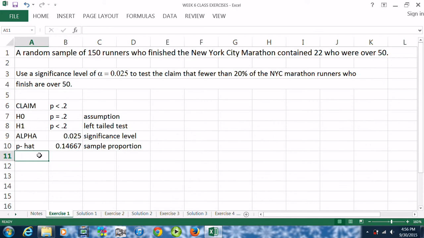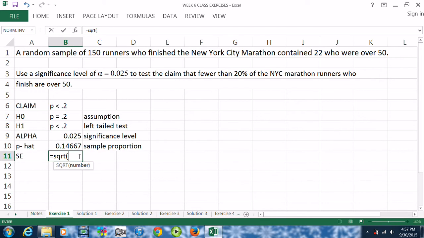Now let's compute the standard error. Remember, the standard error is defined as the square root of p times 1 minus p divided by n. When we did confidence levels, we didn't know p, and so we used p-hat as an estimate for p. Here we're not going to do that because we are making an assumption about p. We are assuming in the null hypothesis that p equals 0.2. So when we compute the standard error, we use the value in the null hypothesis to compute the standard error.